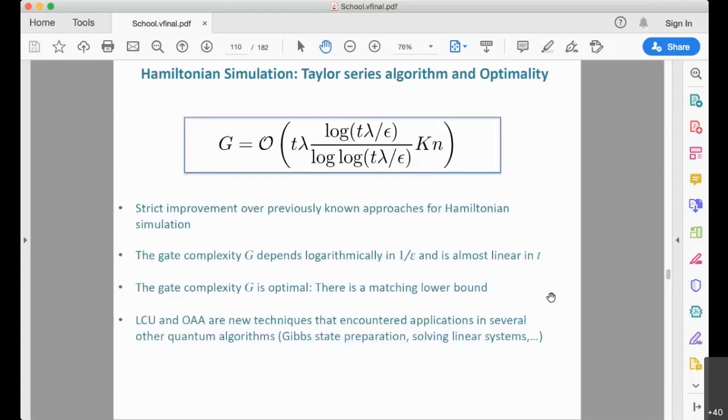This showed that it was a strict improvement over any previously known approach for Hamiltonian simulation at the time. We could also show that the gate complexity in terms of precision was optimal, because remember, when I told you about the no-fast-forwarding theorem, I gave you a function of log over log log in terms of 1 over epsilon. We are achieving that, at least when the evolution time is a constant. As I said before, these approaches were later used for many other quantum algorithms.